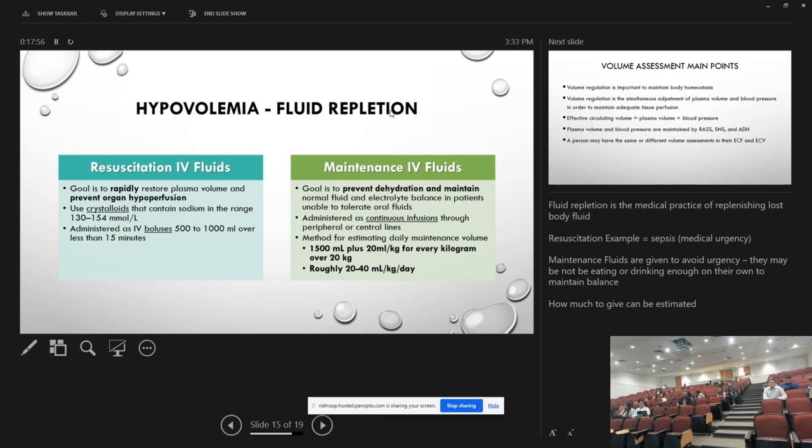Does that make sense? So what you're going to do is give a bolus and then reassess the patient mainly for perfusion of your vital organs and blood pressure, right? That's your goal endpoint for resuscitation. And then if they need more, you give more.